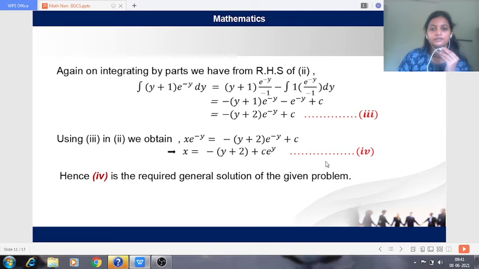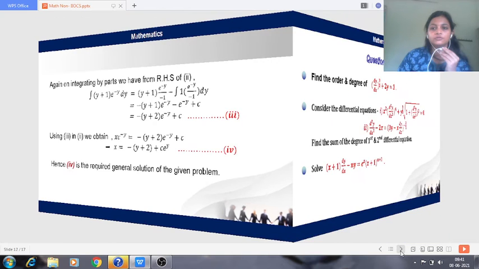So we get the required solution, that is, equation 4 is the required general solution of the given problem 1. Understood?